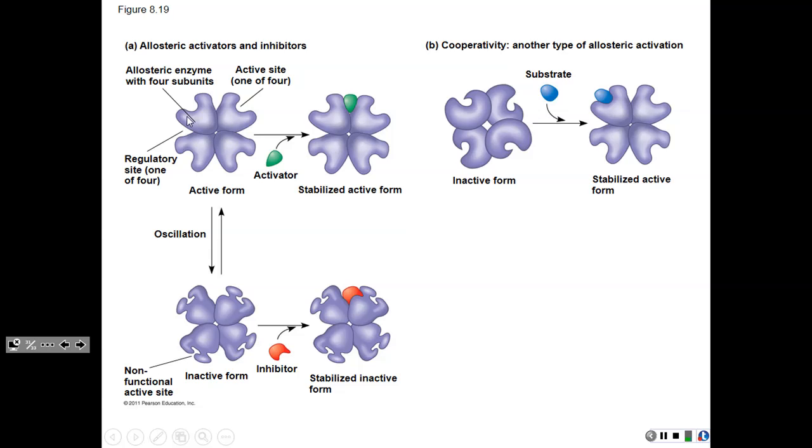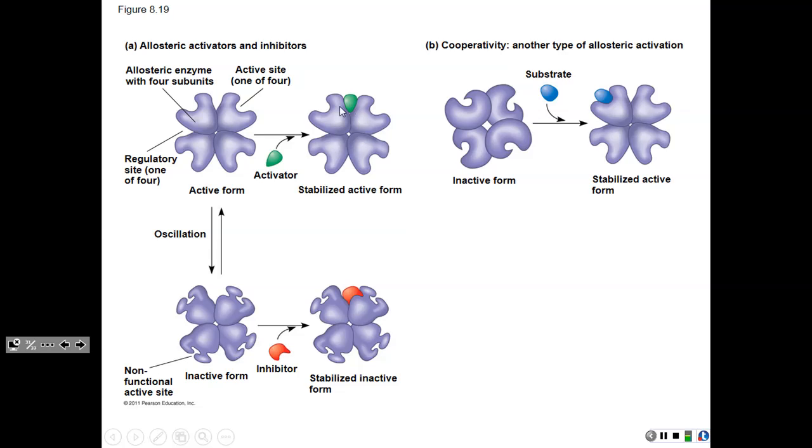Apparently what needs to happen is a substrate needs to fit into this very obvious active site, right? But these monomers in the tetramer, maybe this thing here is kind of floppy and sometimes falls in on itself. An activator would be a molecule that can interact with this enzyme in a way that locks the active sites into their open active form.